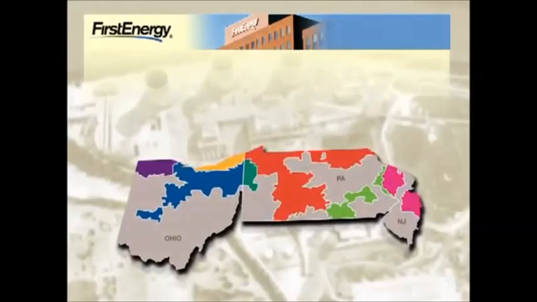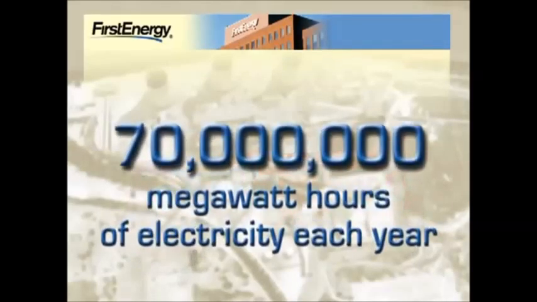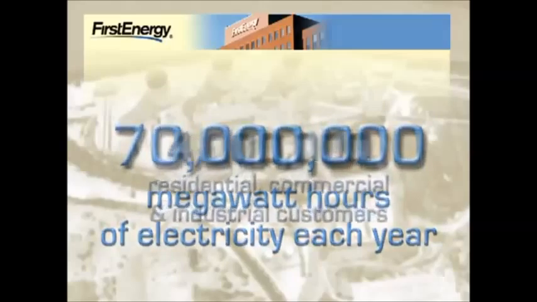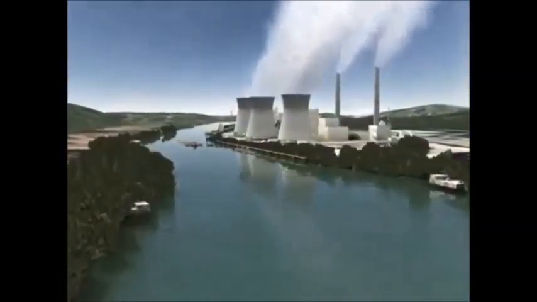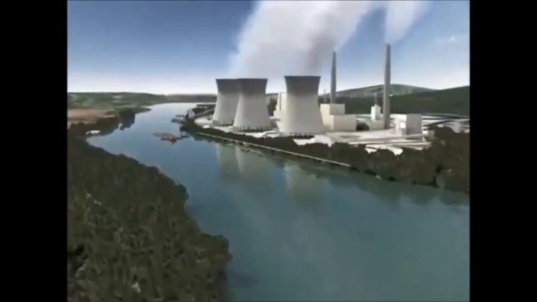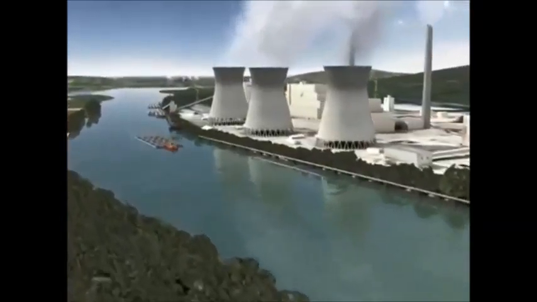First Energy operates 20 power plants in the Northeast United States that produce nearly 70 million megawatt hours of electricity each year for over 4 million residential, commercial, and industrial customers. Over half of First Energy's electricity is produced by using coal, compared to about 60% nationwide.